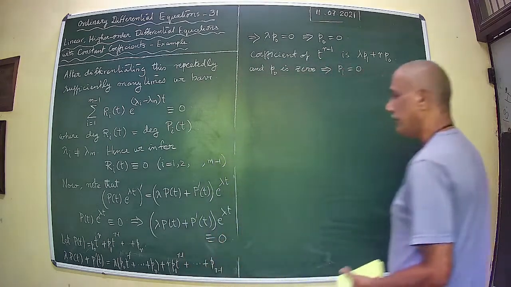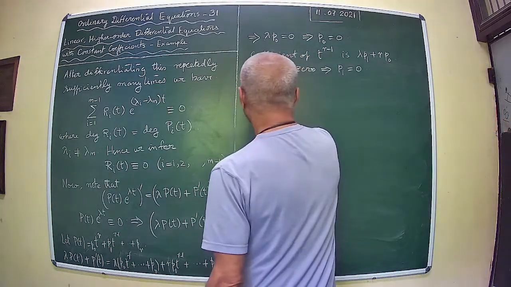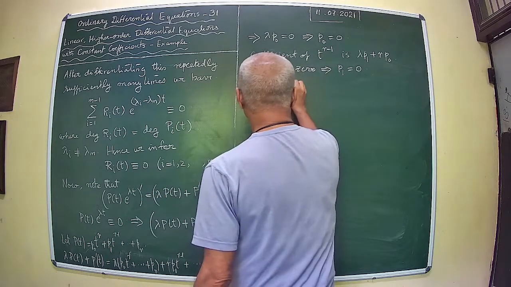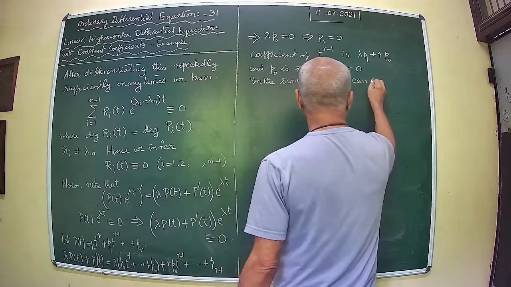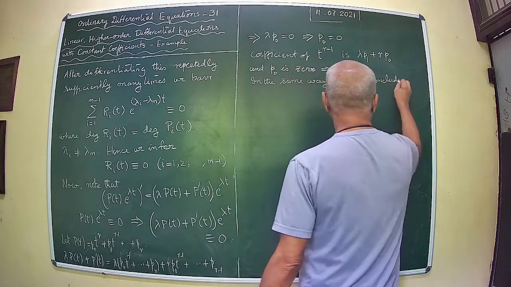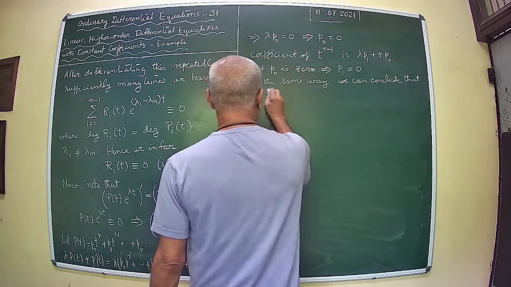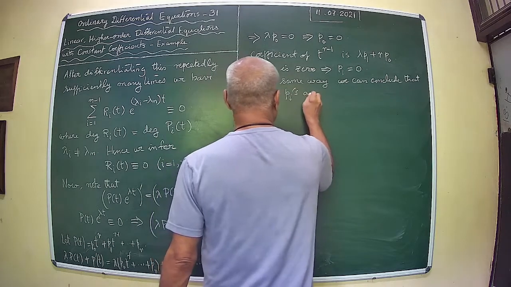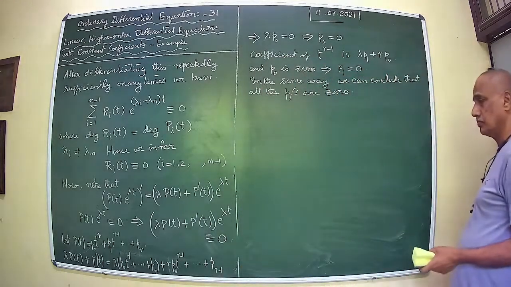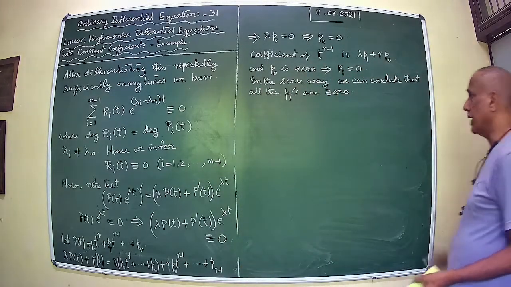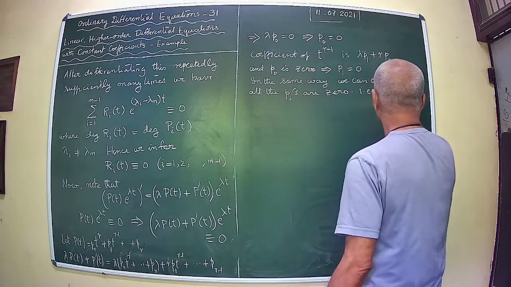So P naught and P1 equal to 0, and then all the P's are 0. That is identically equal to 0.